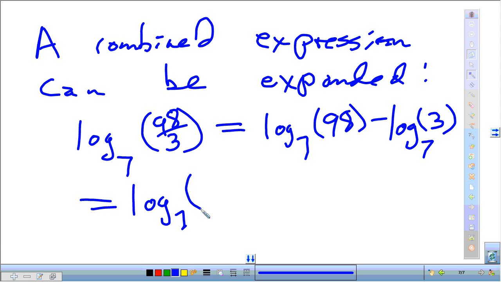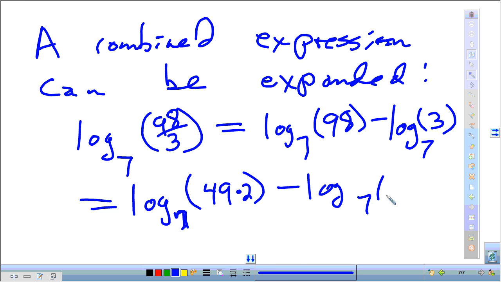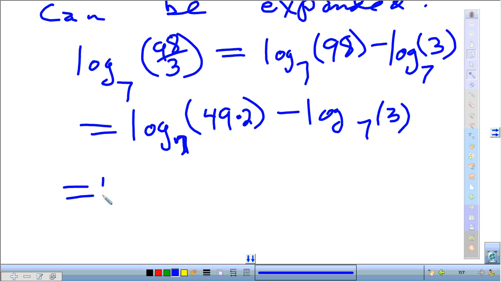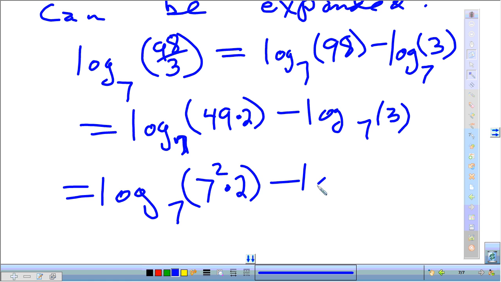I could continue because 98 would be 49 times 2. So I have log base 7 of 7 squared times 2 minus log base 7 of 3.